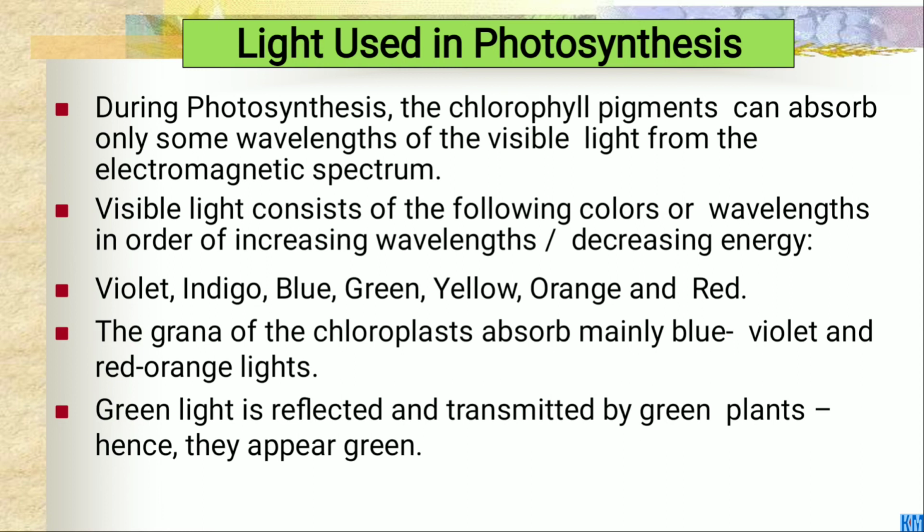These 7 colors are present in the light. The grana of the chloroplast absorb mainly blue, violet and red, orange light. Green light is reflected and transmitted by the green plants. Hence, they appear green.